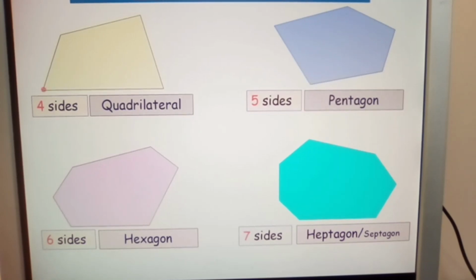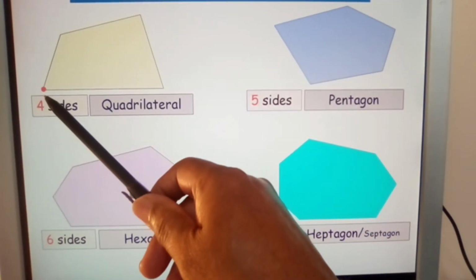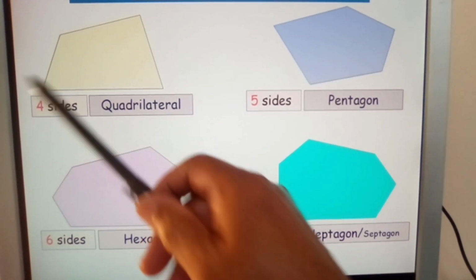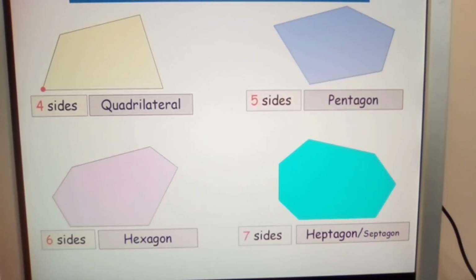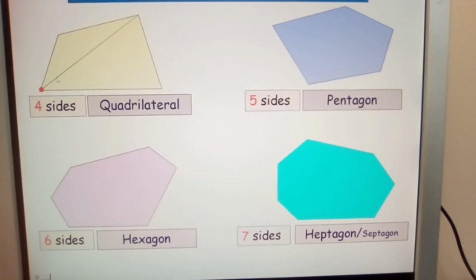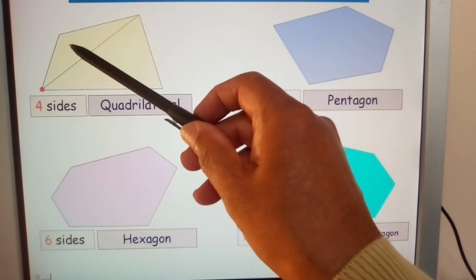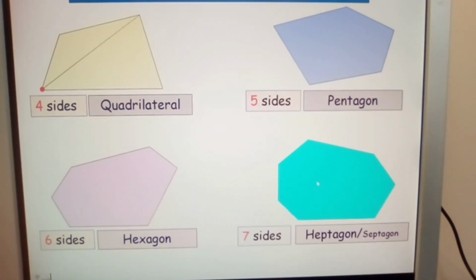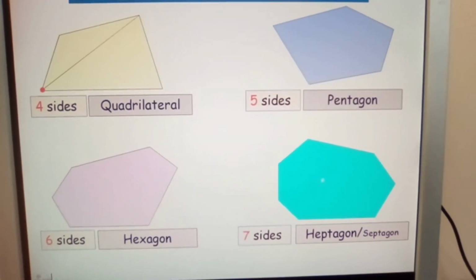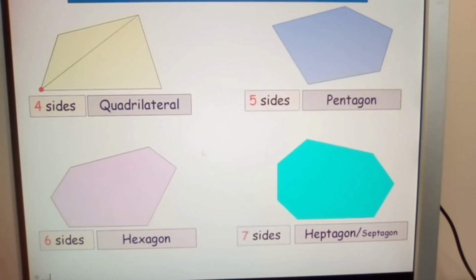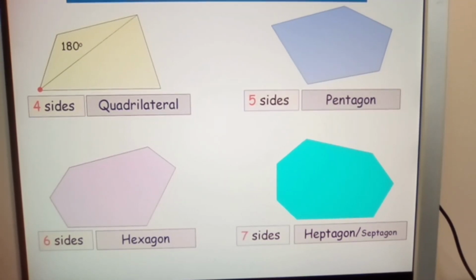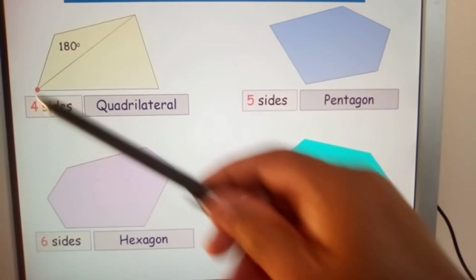Okay, let's go. We're starting with the 4-sided quadrilateral first. And here is my marker, my line. And you can see that we have 1, 2 triangles in that shape. That triangle is 180.